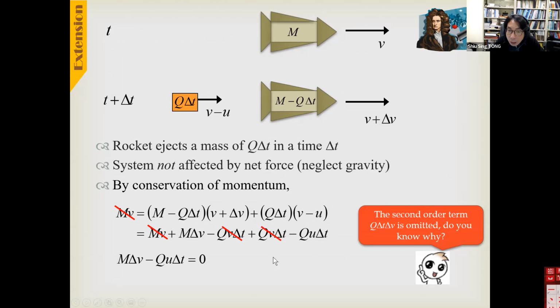Now you see a lot of terms can be cancelled. The qv delta t, these 2 terms cancel. The mv on both sides also cancel. And I am now left with only 2 terms: m delta v and minus qu delta t.